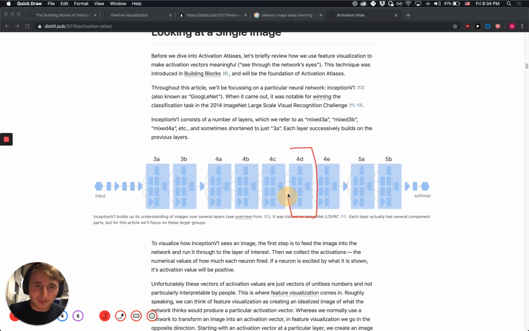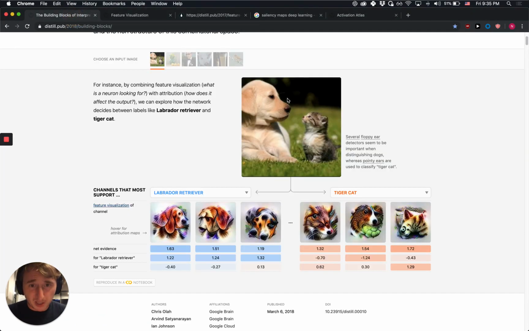In this header, we're looking at one layer. This layer is mixed4d, and the question we're asking is which neuron in mixed4d is most evidence for a certain classification, so has strong attribution to a logit, here, towards Labrador Retriever, which is one of the images, or Tiger Cat, which is the other image.